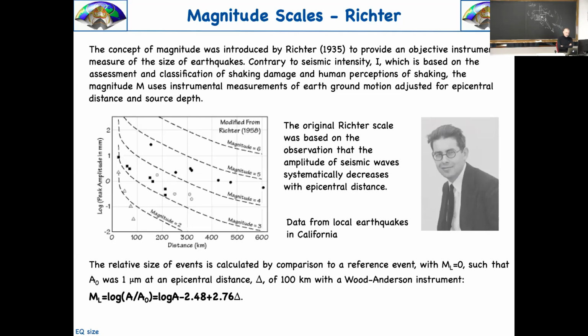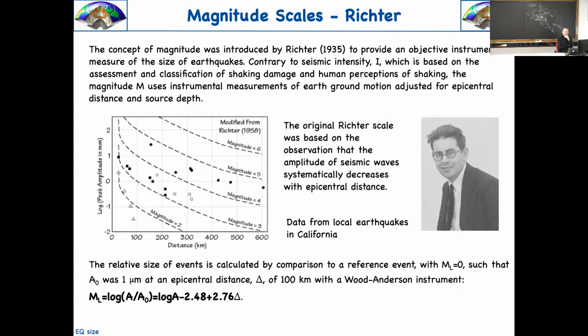Plots of what? Well, you see on the y-axis there is the logarithm of the amplitude. Of what? Well, let's imagine taking a seismogram and plotting the peaks of the seismogram.